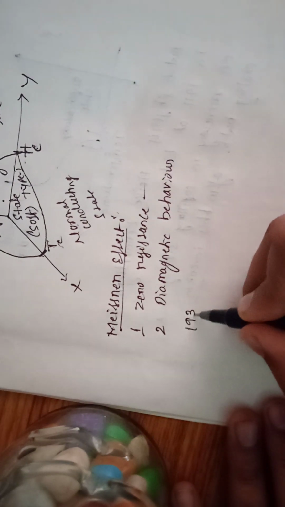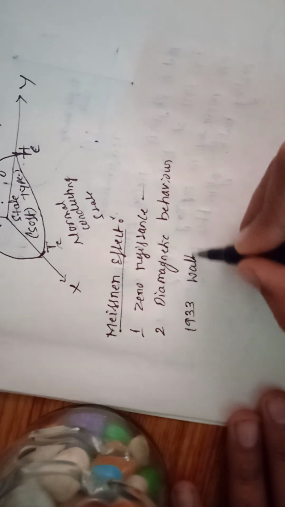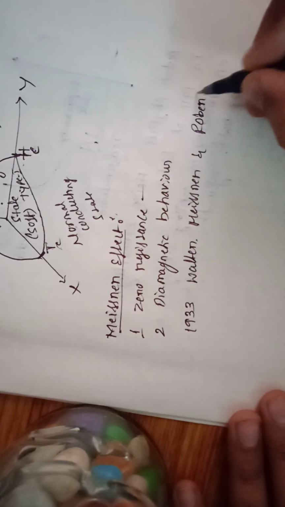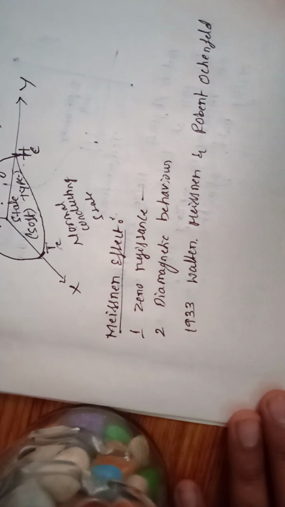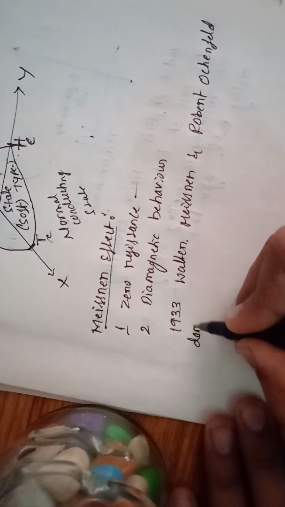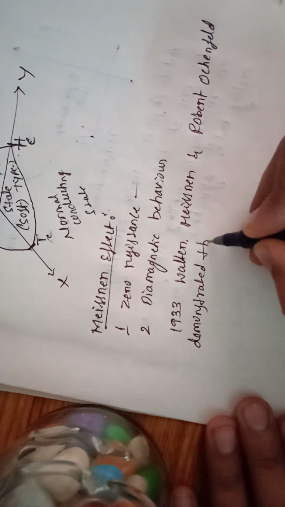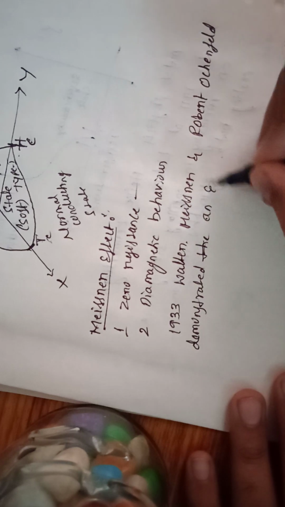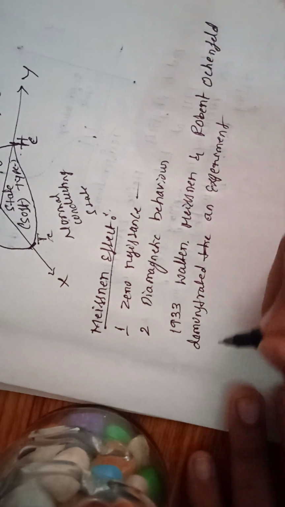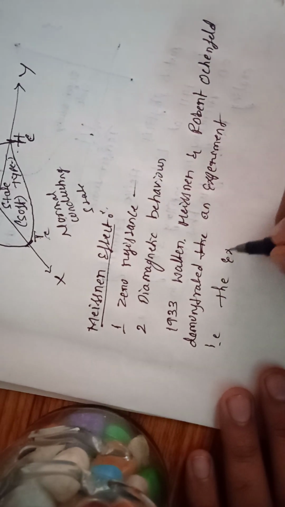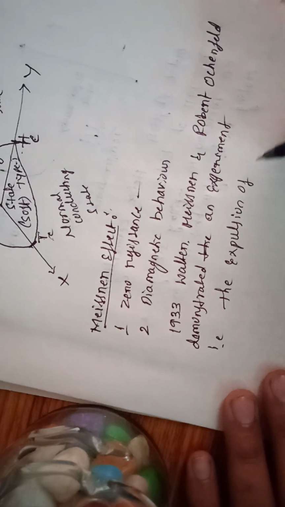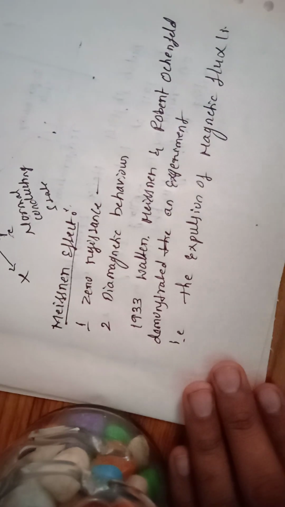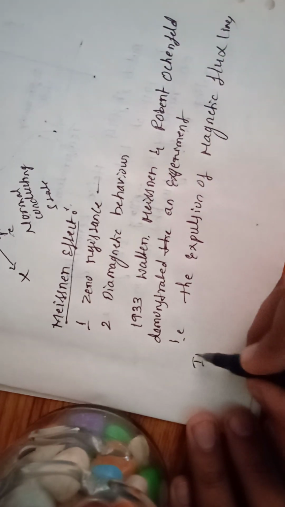In 1933, Walter Meissner and Robert Ochsenfeld demonstrated an experiment, the expulsion of magnetic flux lines from the interior of the superconductor.